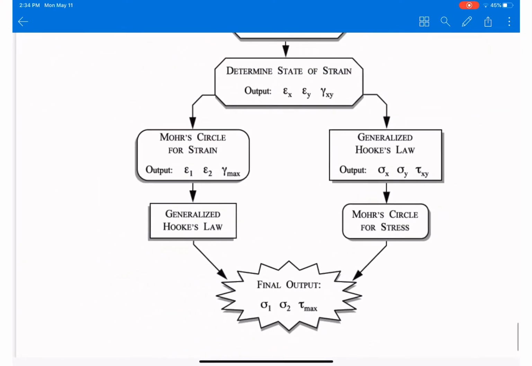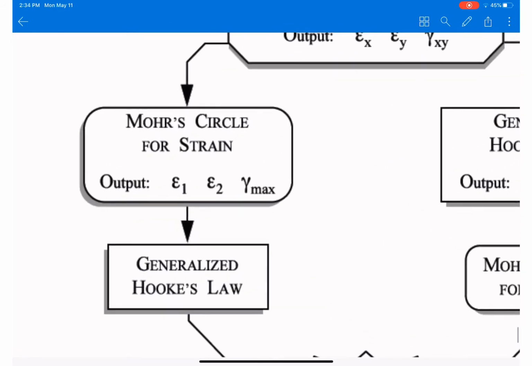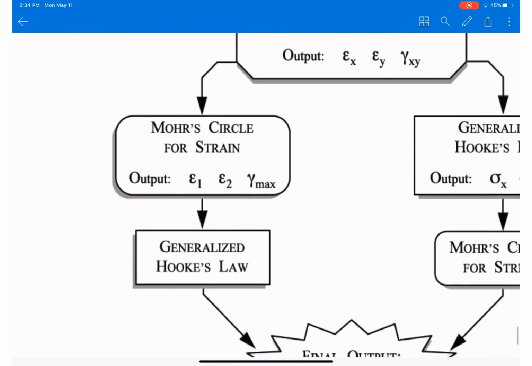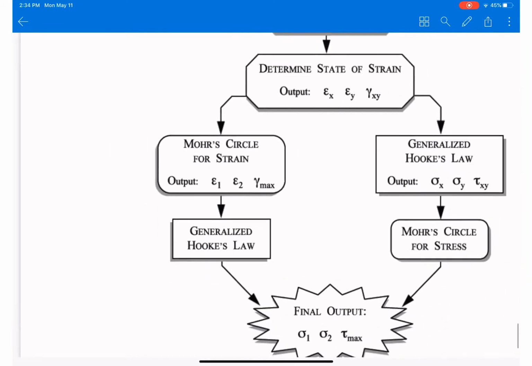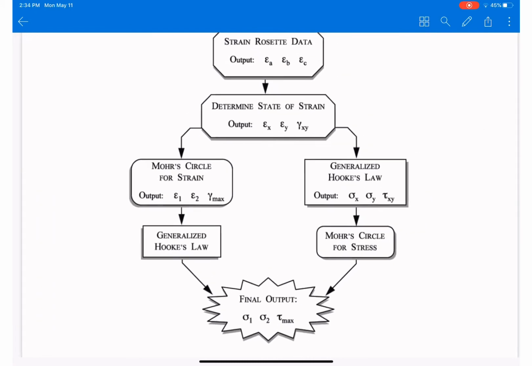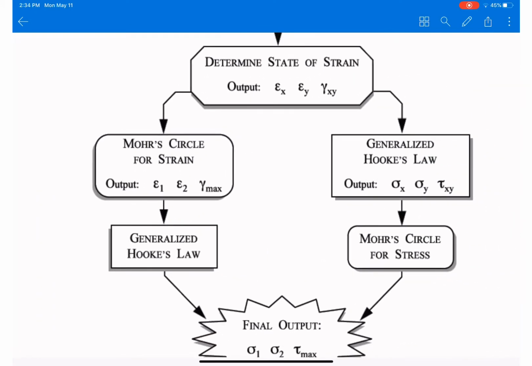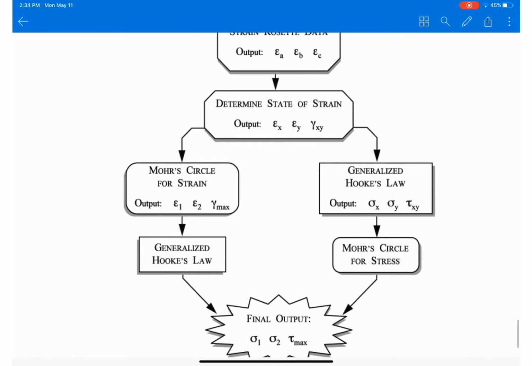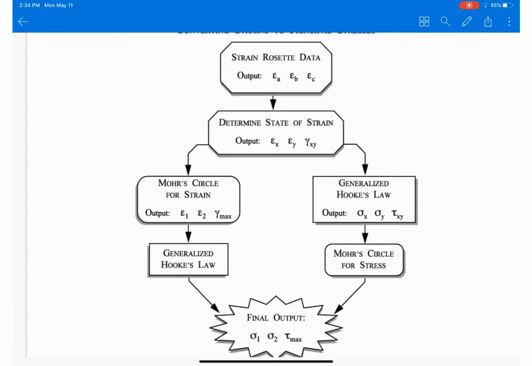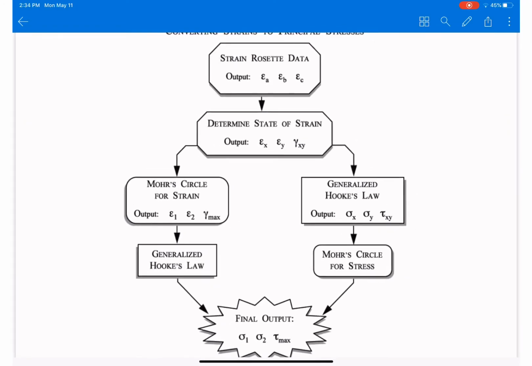For this problem and the next problem, we use the first path: draw the Mohr's circle for strain, then apply generalized Hooke's law to determine sigma 1, sigma 2, and tau max. You can use the other path for practice, determining sigma x, sigma y, and tau xy, then drawing the Mohr's circle for stress. Both should give the same answer.